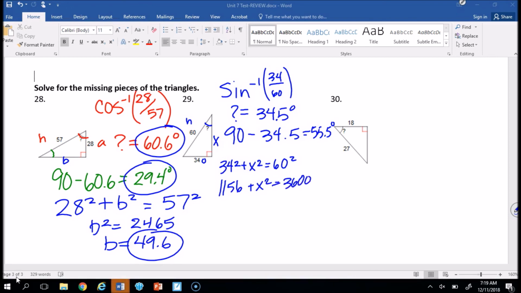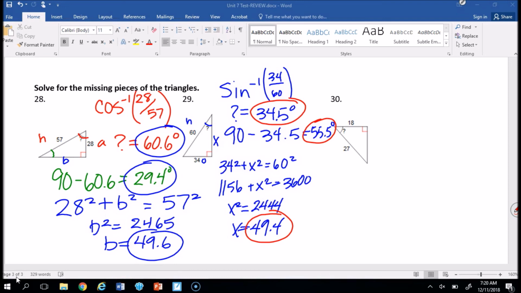Going to subtract 1156 from 3600. That gets me x squared equals 2444. Then I'm going to take the square root of both sides of that, so x is going to be 49.4. So again, we've solved for three missing parts: angle 1, angle 2, side 3.